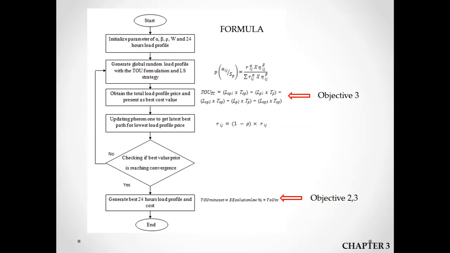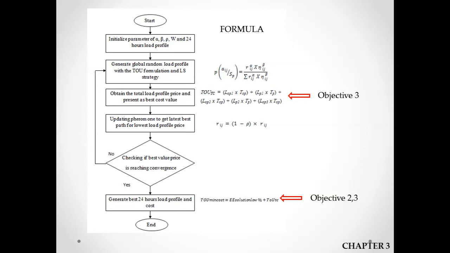After that, the ant gathers and updates the latest trail to another ant. The process is repeated into the next iteration until 500 iterations. The ant will reach convergence when there is no more best trail to achieve best cost reduction. Lastly, the most experienced ant will present the best shifted load profile.